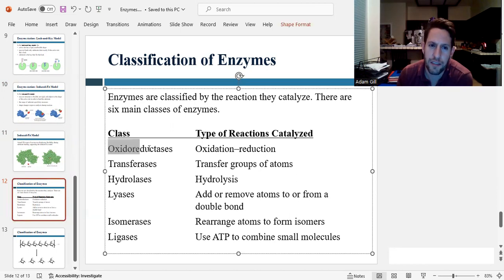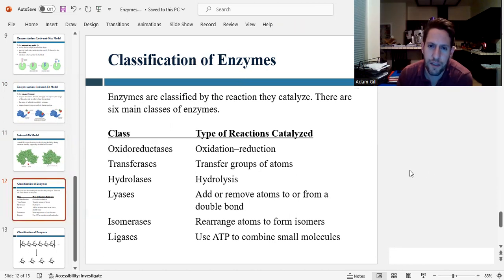We have oxidoreductases, and they catalyze oxidation reduction reactions. There are transferases, which transfer groups of atoms from one molecule to another. There's hydrolases, which do hydrolysis reactions. Then there are lyases, and lyases either form an alkene or add stuff onto an alkene.